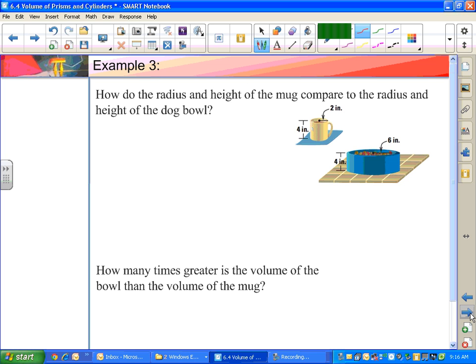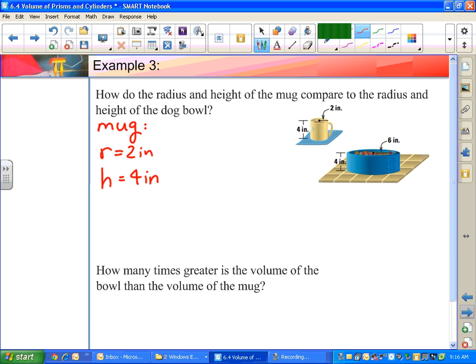All right, let's do an example. How do the radius and height of the mug compare to the radius and height of the dog bowl? So let's look at the mug. For the mug, the radius is equal to 2 inches, and the height is equal to 4 inches.